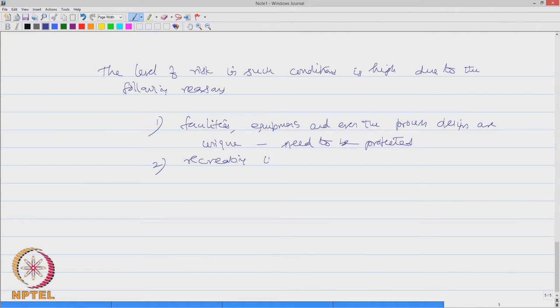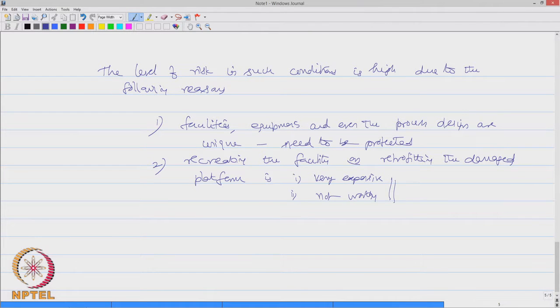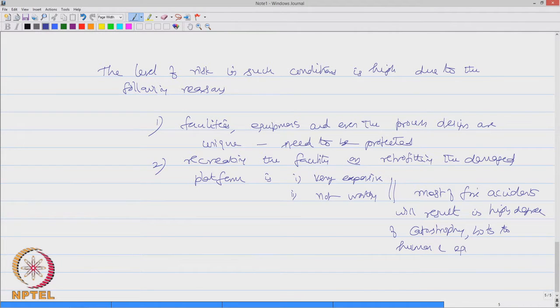Recreating the facility or retrofitting the damaged platform is very expensive and practically not worthy, because most of the fire accidents will result in high degree of catastrophe, both to human and equipments.